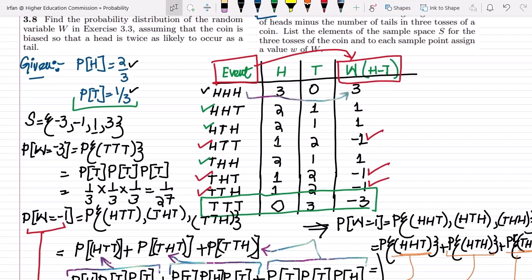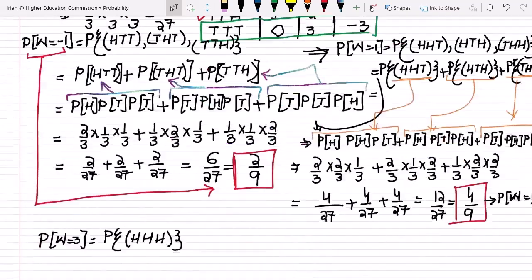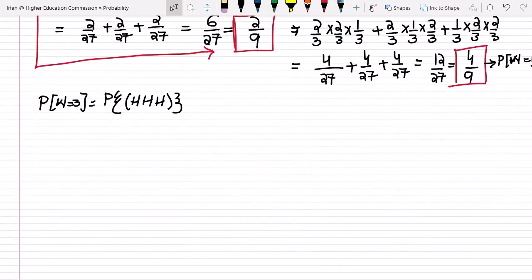Solving it by the same procedure, as we have only one event here, and the 3 events are independent of each other, I am multiplying them together.